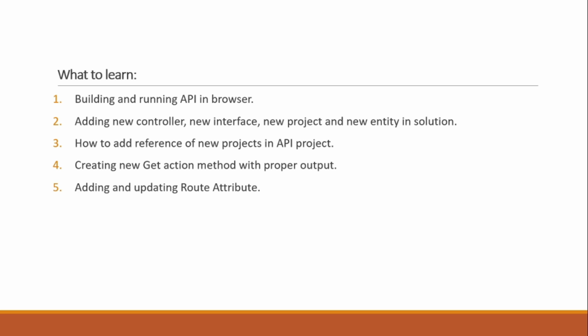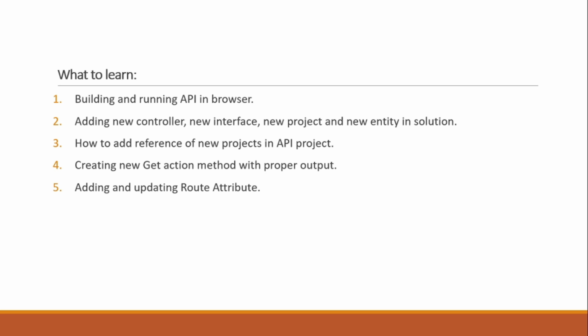We will also be creating some new dependent projects, adding references in our Web API application, and executing those dependencies in our solution. We will be creating a new action method to get user details with the proper output, like how the method is getting called from the browser and how the response is coming from the API. From beginning to the end, we will go through it.